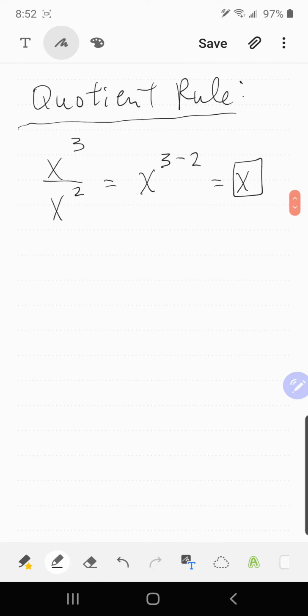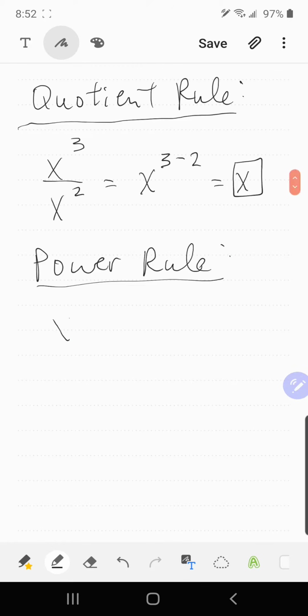Okay, next rule we're going to look at is the power rule. What the power rule says is if you have a base to a power, and that itself is raised to another power, then those exponents are going to multiply.